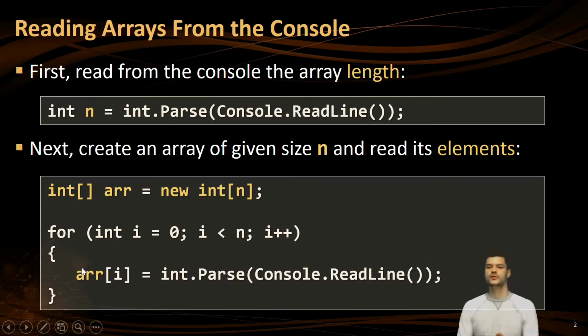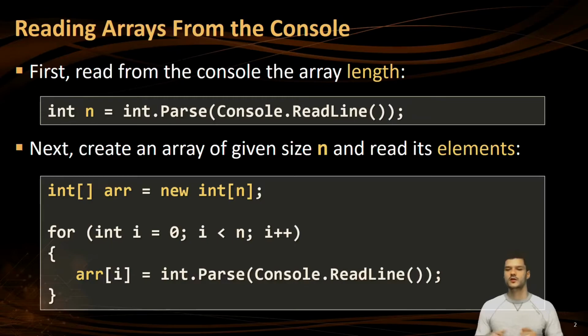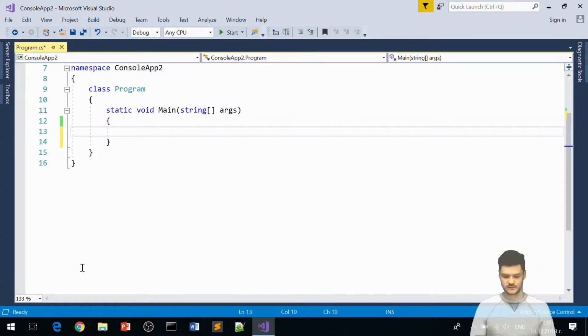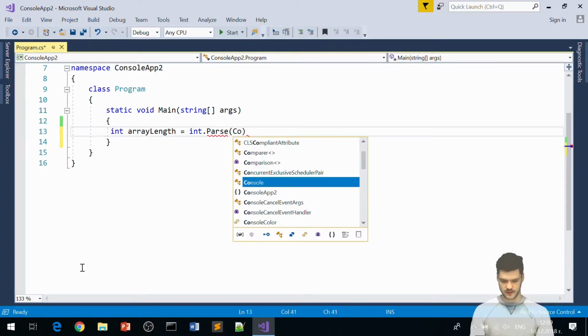So basically we will create a program where we define an array with a length chosen by us, and then we populate this array with some values. Okay, let's try to do this. Initially we're going to have the array length, which we're going to take from the console, right?